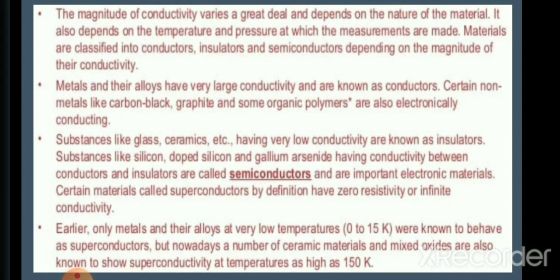Substances like glass, ceramics, etc. having very low conductivity are known as insulators. Substances like silicon, doped silicon and gallium arsenide having conductivity between conductors and insulators are called semiconductors and are important electronic materials. Certain materials called superconductors by definition have zero resistivity or infinite conductivity.